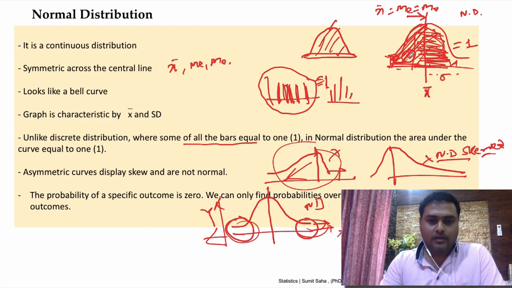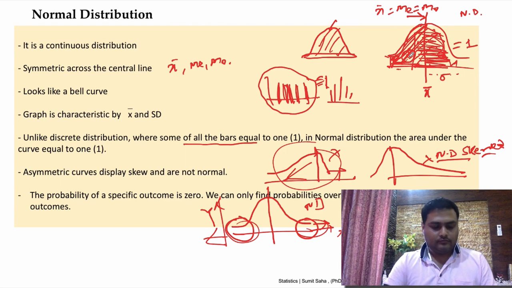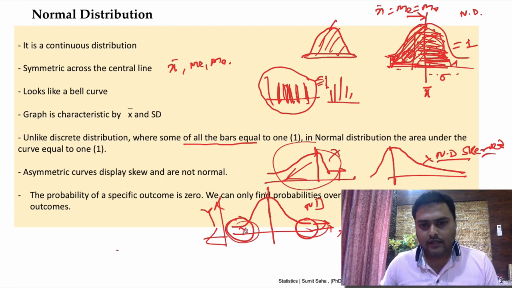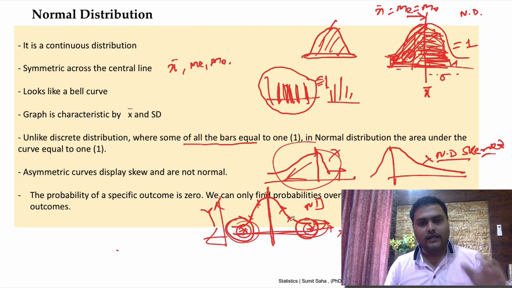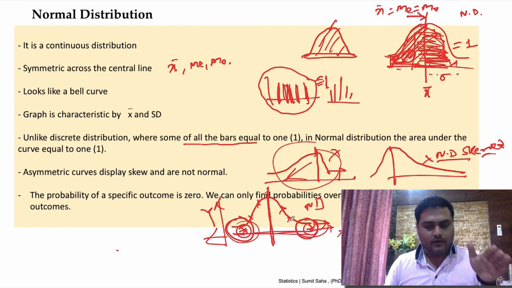Now one important thing which I would like to explain to you is that when we are drawing this asymptotic curve, as I said, it will never touch the x-axis at any point of time, right? So this is the main property of the normal distribution curve, and whenever you are drawing it, please be careful that you also should not touch.